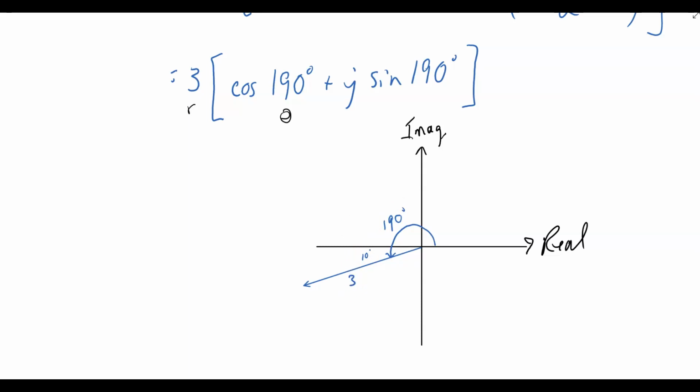Recall that the other one was up this way, the first one, 10 degrees in there. Let's make them look the same length because they should be, they're both 3.